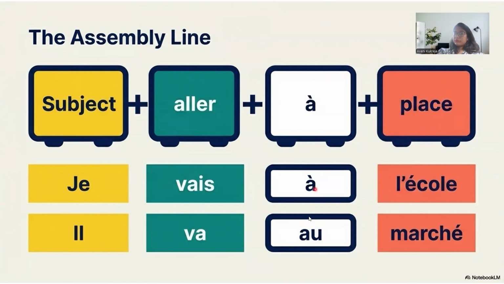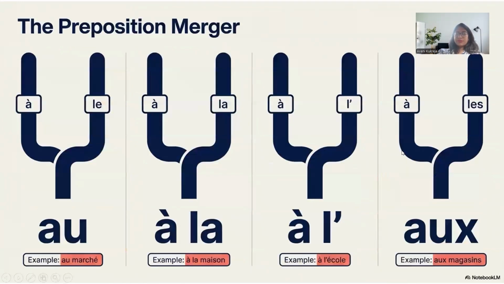So this is something that I'm going to explain to you. Please listen. Because it's masculine, correct. That's true. Now let's see. Prepositions merge together. In the French language, we never write à and le together. Instead, we will always write au. So if the place is masculine, we will not write à le.